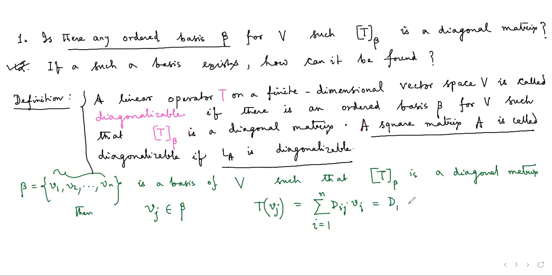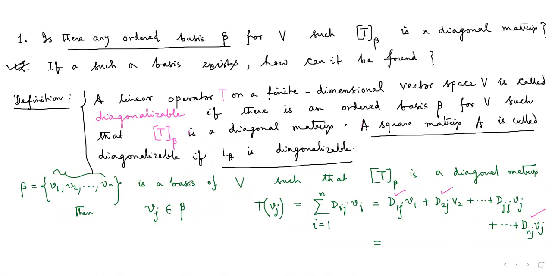If I expand it, we will find d1j v1 plus d2j v2 plus djj vj plus dnj vj. And you know that all these particular elements will be off diagonal elements.